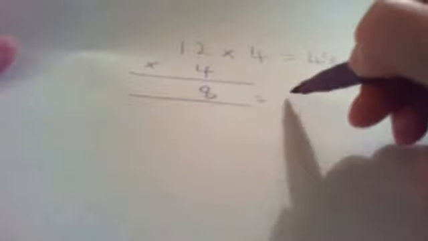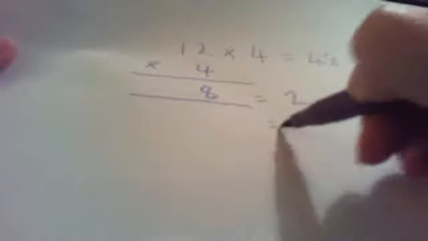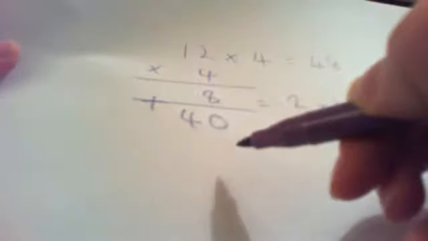Well, when I was in primary school I was told to write it like this, and I times the ones column, 2 times 4, that gives me 8, and then I will times the tens column, 10 times 4, which will give me 40, and then I add these two together, which gives me 48.